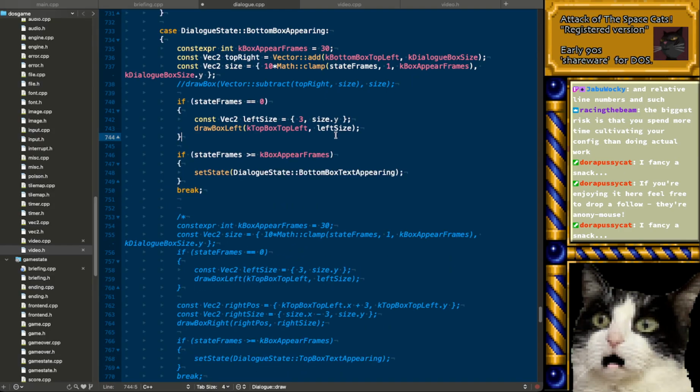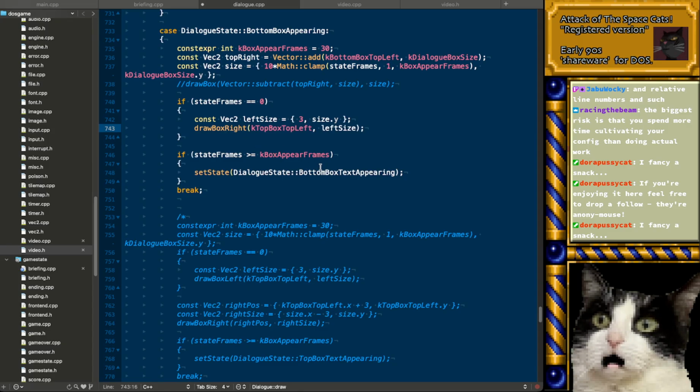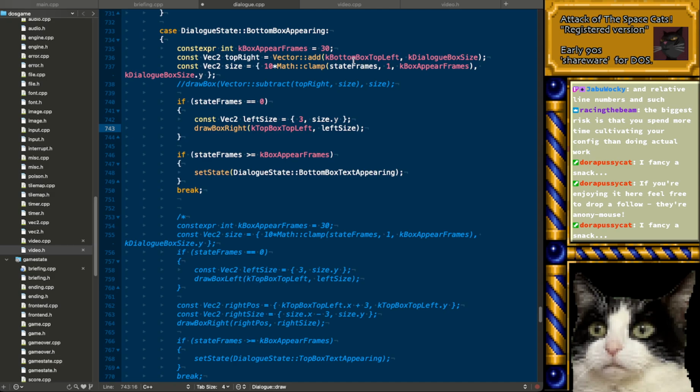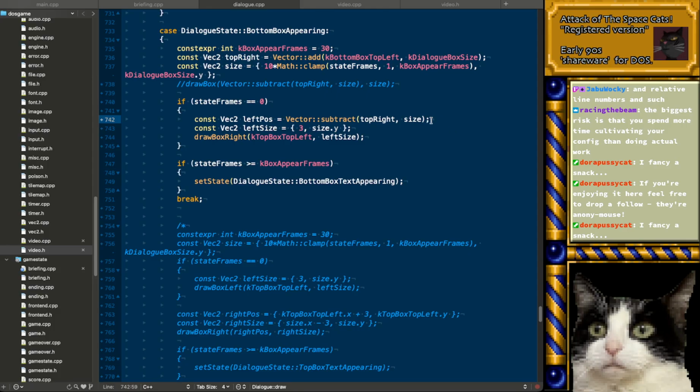If this is the first frame of the thing appearing, then we want the right-hand edge of the box drawn, which is that guy? No, that's the top right. Right, that's exactly what that is. Size.